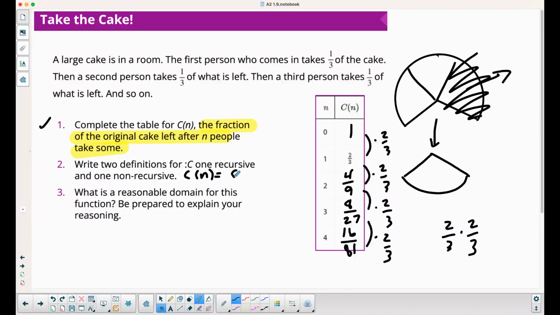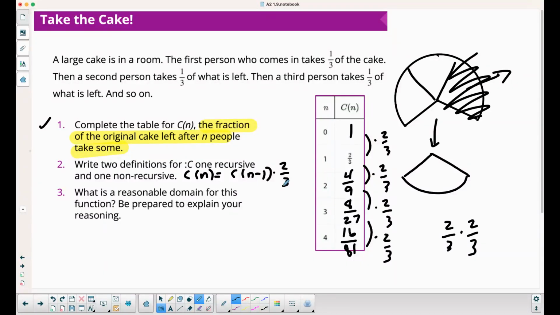Well, the previous term is C of n minus 1, and you keep multiplying it by 2/3. Okay, C of n, to find the nth term, you have to take the term before it, which is this C of n minus 1, and then you times it by 2/3.